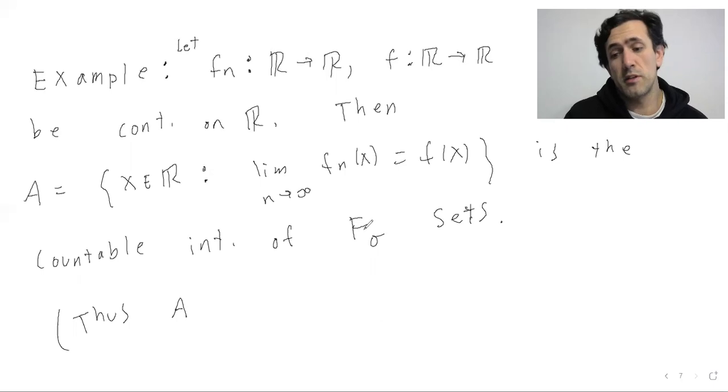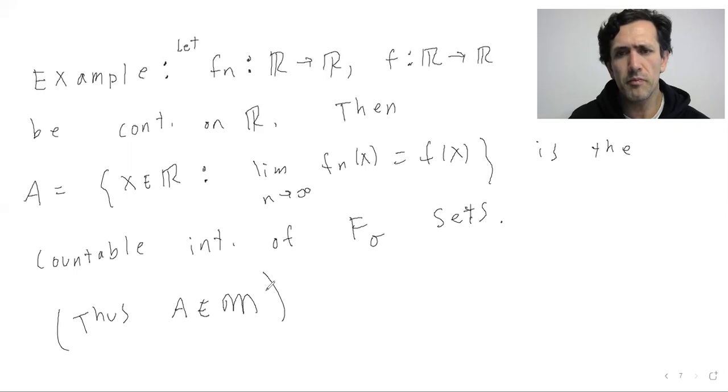And because Borel is a sigma algebra, these are the elements of the Borel sigma algebra. We know countable intersections of F sigma sets are Borel, and thus A is Borel, and so A will be measurable! And this exclamation mark is just to emphasize that A is measurable.